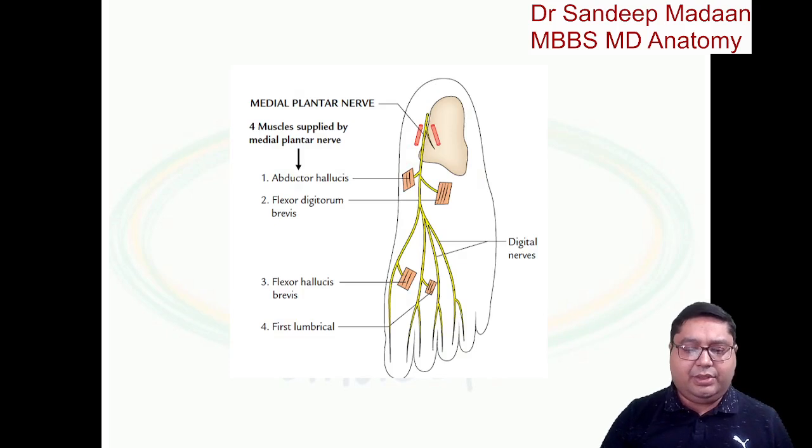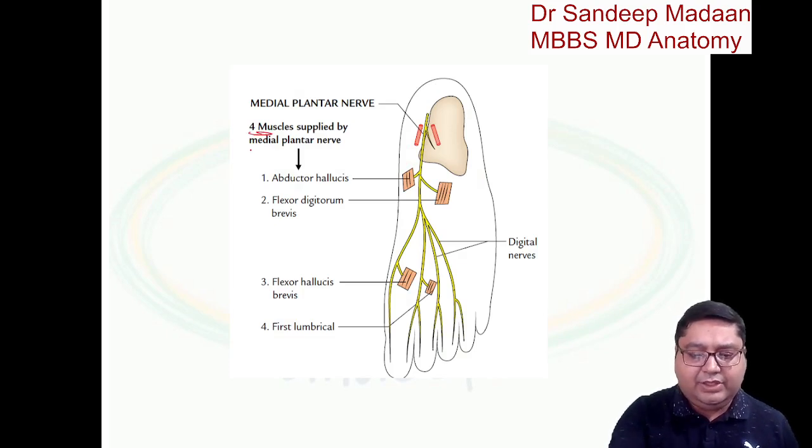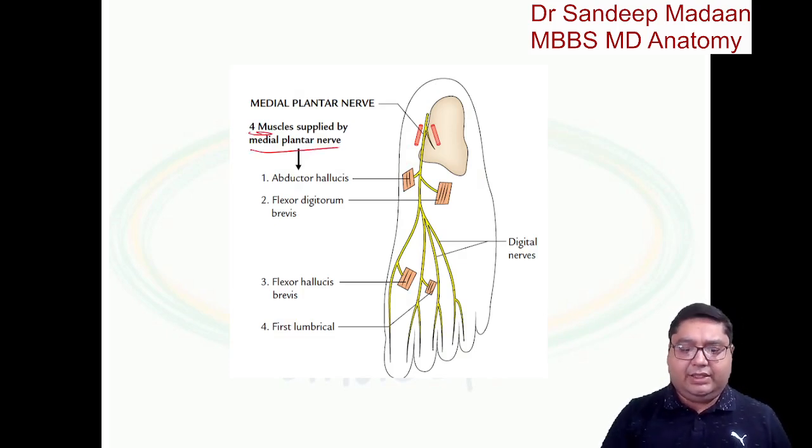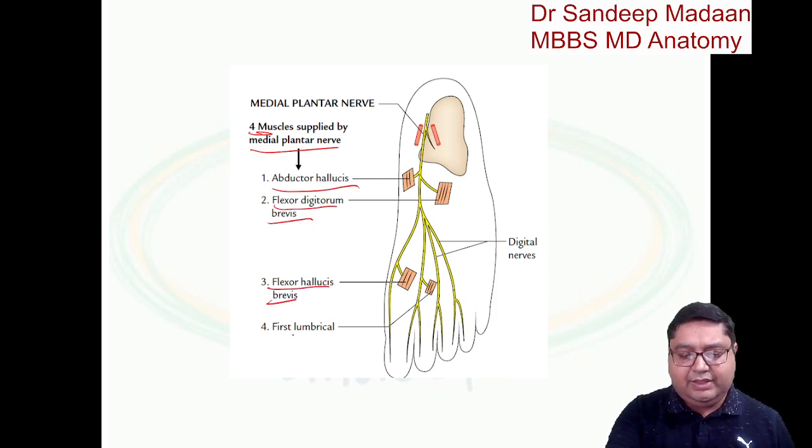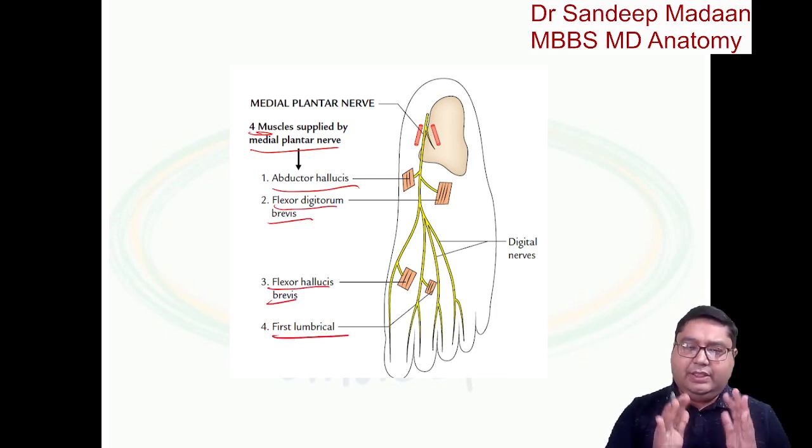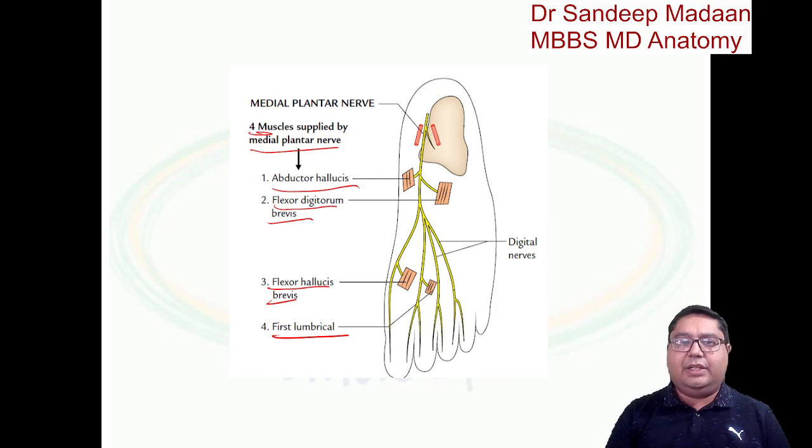We can remember these four: abductor hallucis, flexor digitorum brevis, flexor hallucis brevis, and the first lumbrical. Only these four are supplied by the medial plantar nerve, and the rest are all supplied by the lateral plantar nerve. That's why the answer was first interossei, or any other muscle could be the answer.